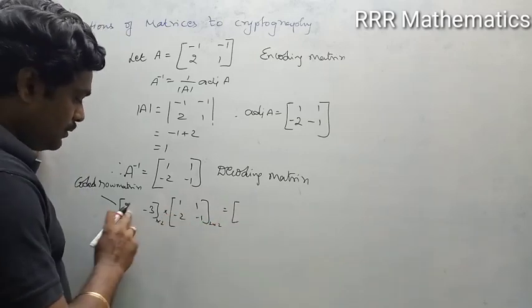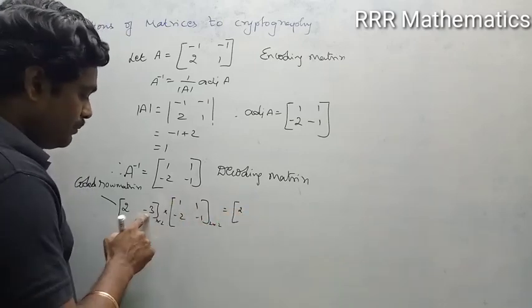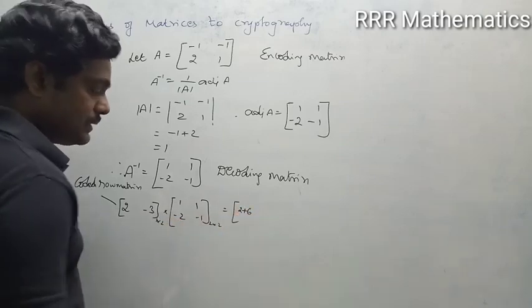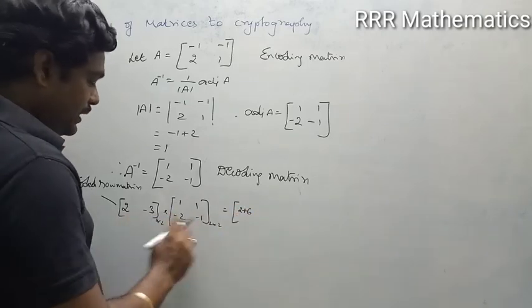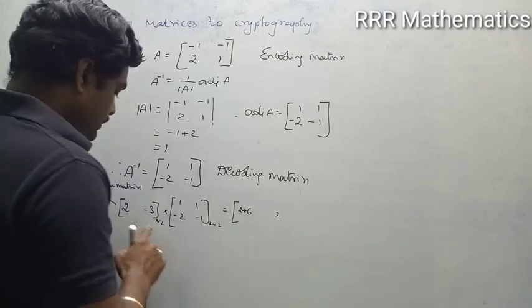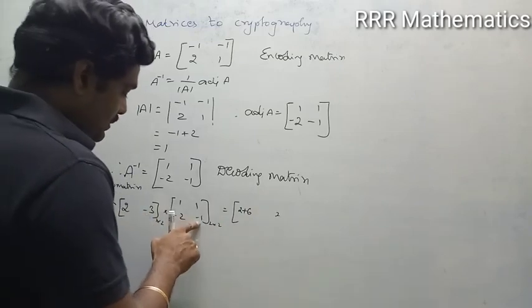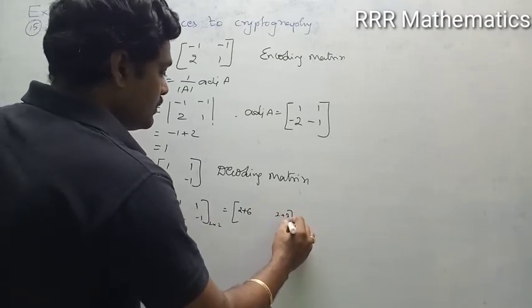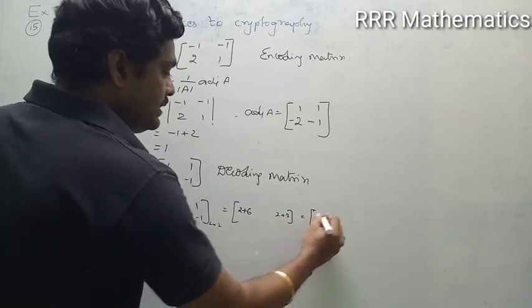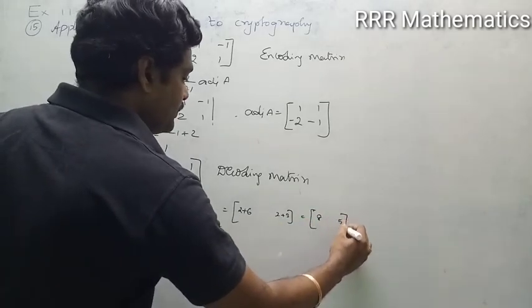First row first column: 2 ones are 2, minus 3 into minus 2 gives plus 6. Next, first row second column: 2 ones are 2, and minus 3 into minus 1 gives plus 3. It gives 8 and 5.